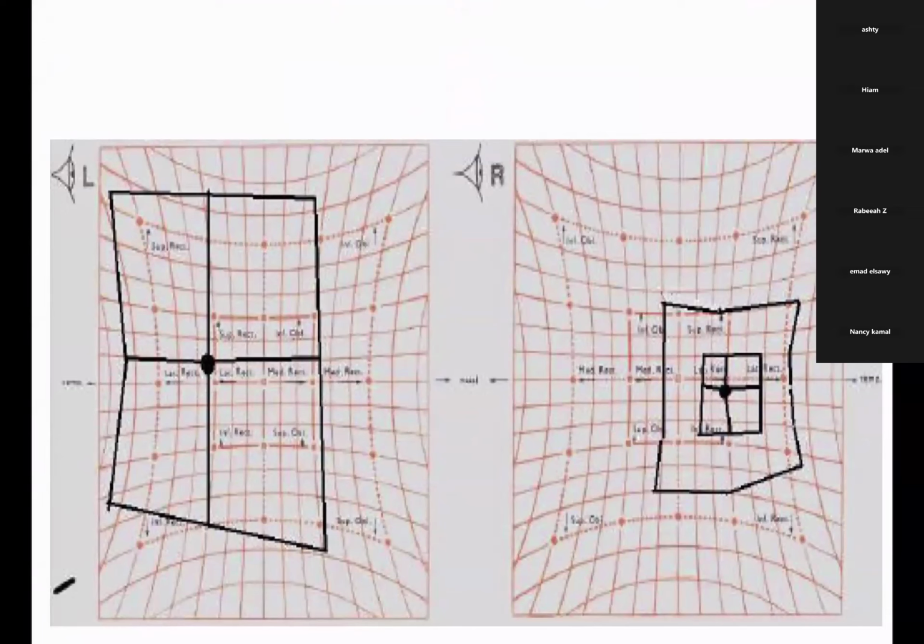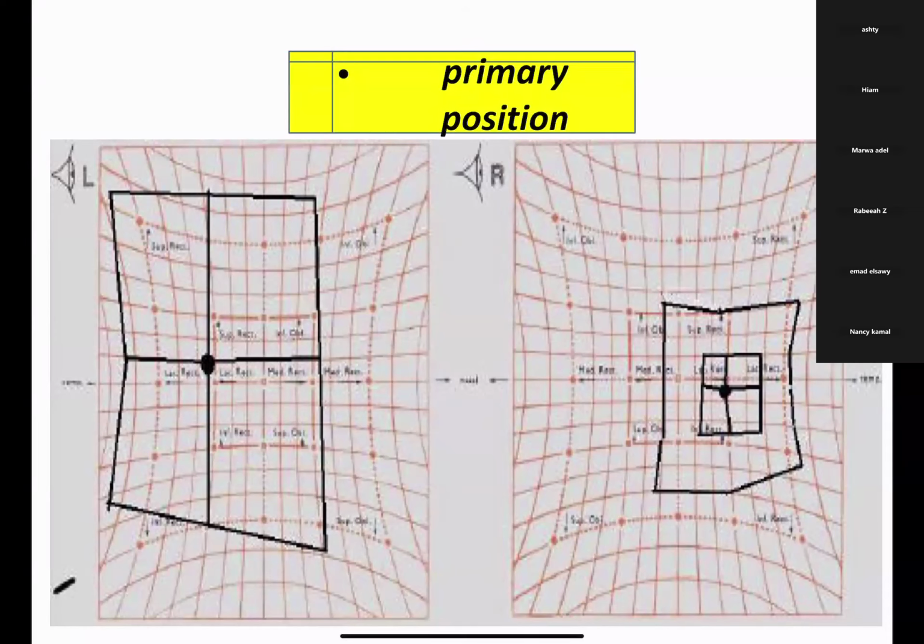This one is also right hypotropia and exotropia. The right eye is the abnormal eye because it has the smaller chart, and it's also hypotropic and exotropic, but it's an old third cranial nerve palsy.